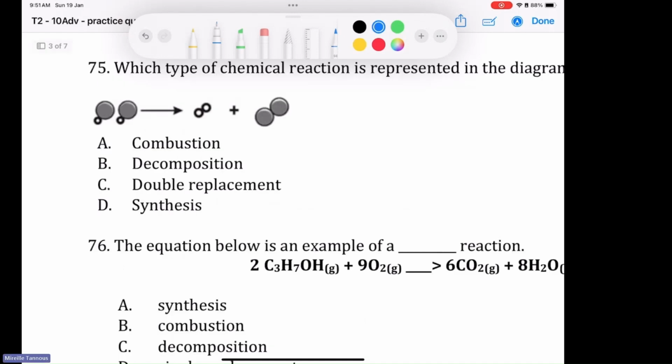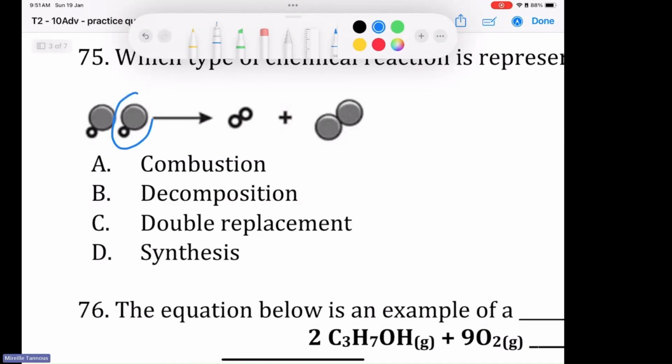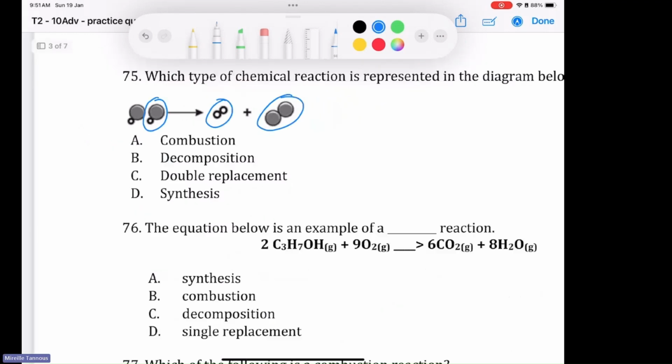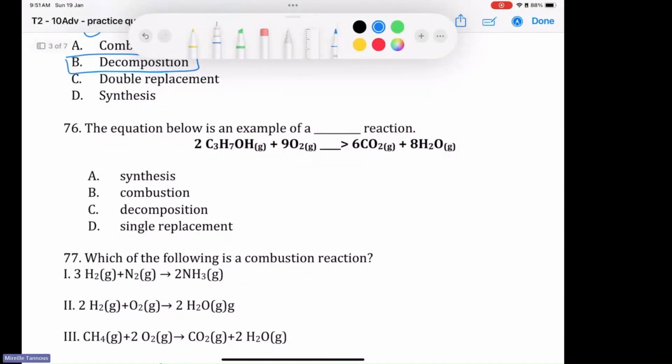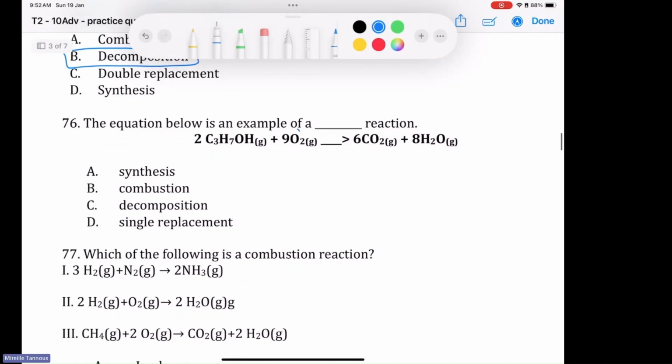Again, I had the green with the white ball, and it's now the white alone and the gray alone. So this is a decomposition. Now, what kind of example is this? Whenever you see oxygen, you put the option of combustion.